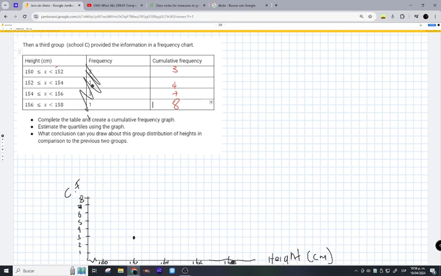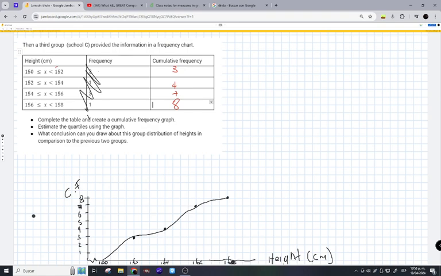On 154, we have 4 people. On 156, we have 7 people over here. And on 158, we have 8 people. Okay? Let's do the curve. Please try to do as smooth a curve as possible. Please don't do it like me in the exam. This is just a really late night video for you, as I promised.